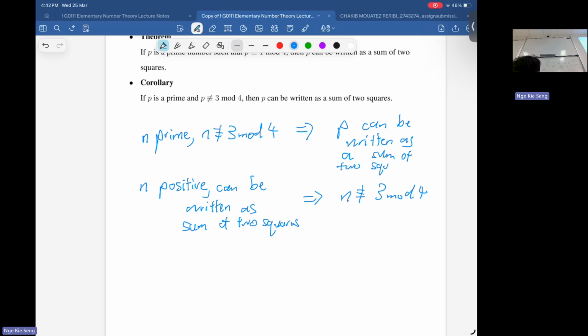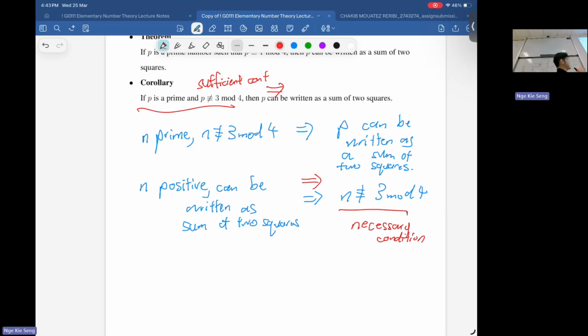So can you see the arrow direction here? This part is the sufficient condition for p to be written as a sum of 2 squares. But this part is the necessary condition. Necessary condition means if you can write it as a sum of 2 squares, then it is necessarily true that n cannot be 3 mod 4. So how do you go backward here?